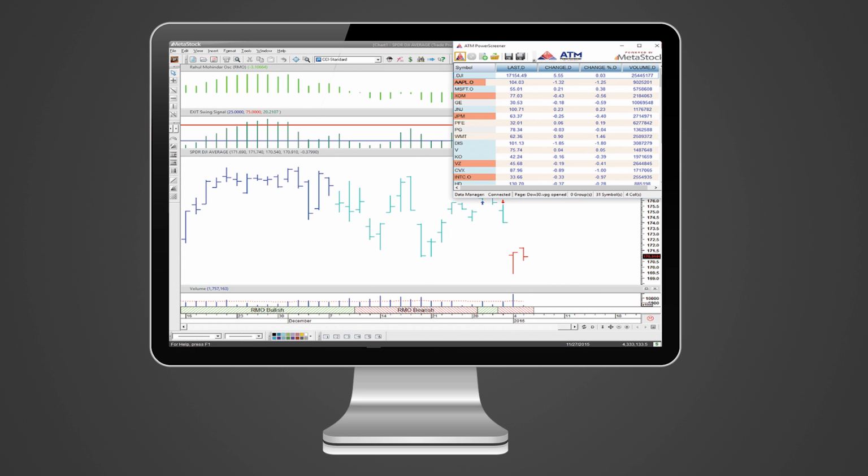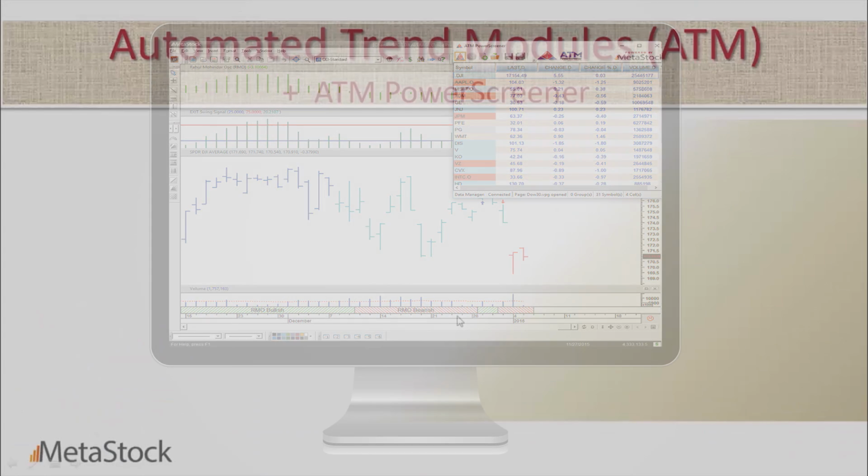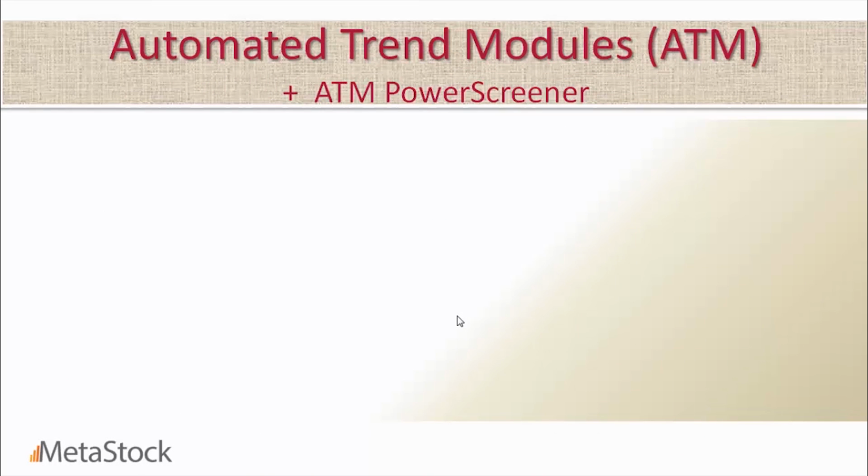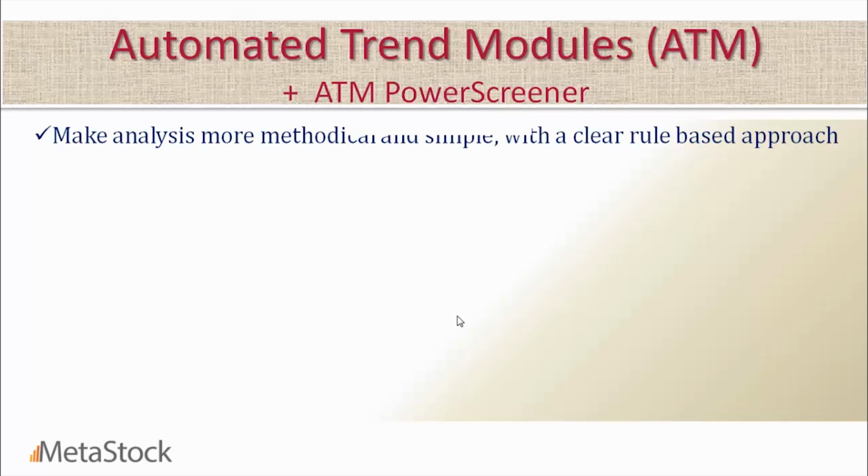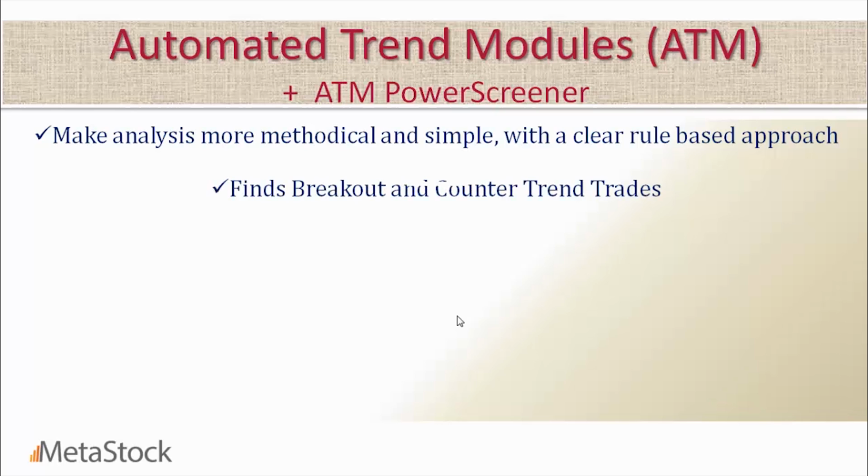The ATM stands for Automated Trend Modules, and as the name suggests, it helps you automate the process of analysis. The idea is not to give you a black box, but to help you make your trading a more methodical and rule-based approach. The ATM comes with clear rules, a step-by-step process, and very defined strategies.